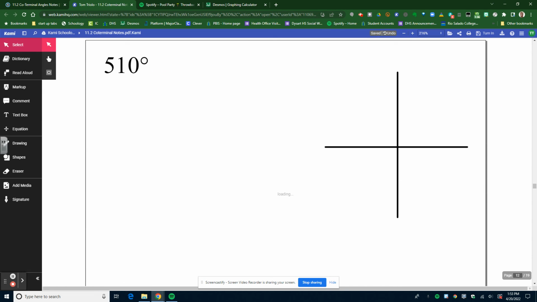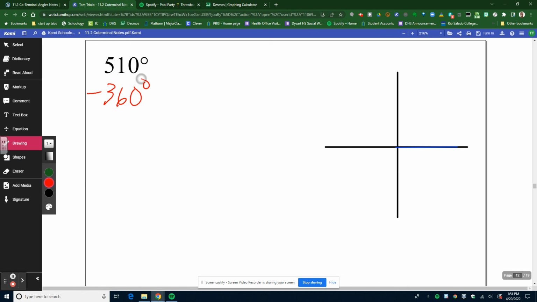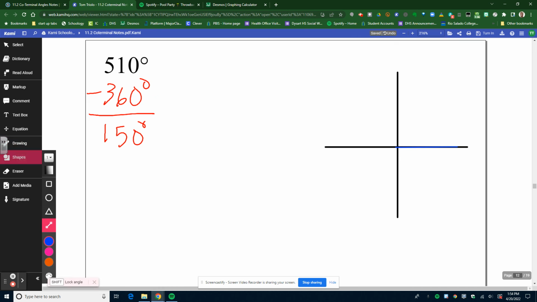510 degrees. So make a 510 degree angle. Shapes tool. Go to the right. 360 from 510 is 150. So we're going to make a 150 degree angle. So that from 90 degrees, how many more do we have to go from 90? 60.